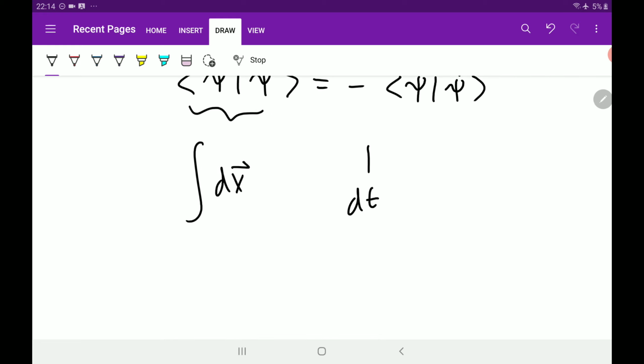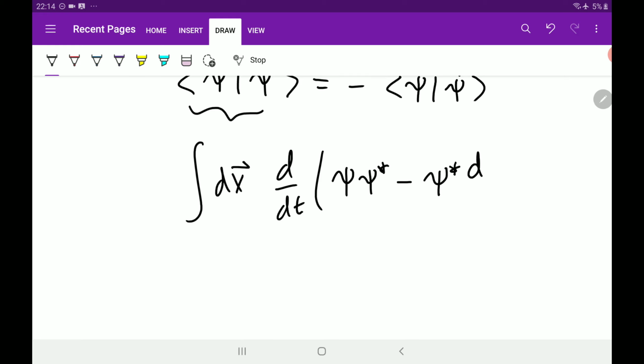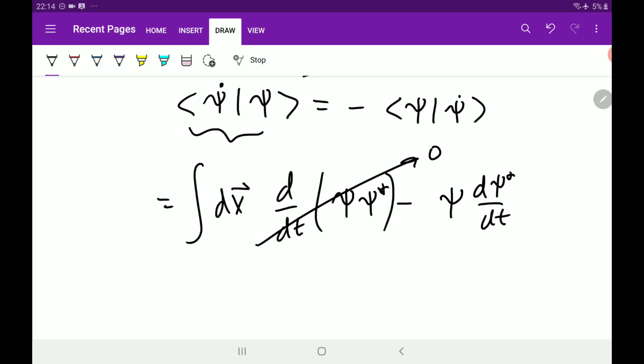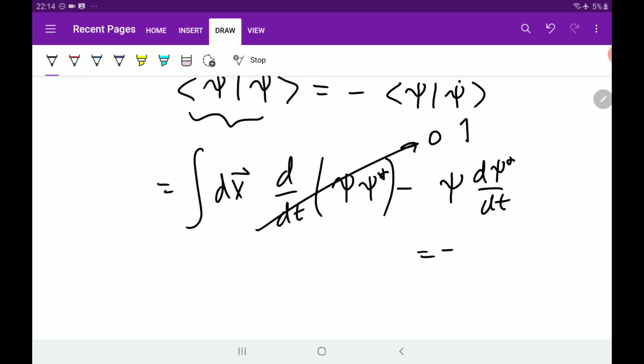And you can rewrite this as the product of d by dt of psi star times psi, minus psi times d psi star by dt. Now the first term gives you 0 because psi is normalized, so in particular it's a constant, and so you get the negative of this.